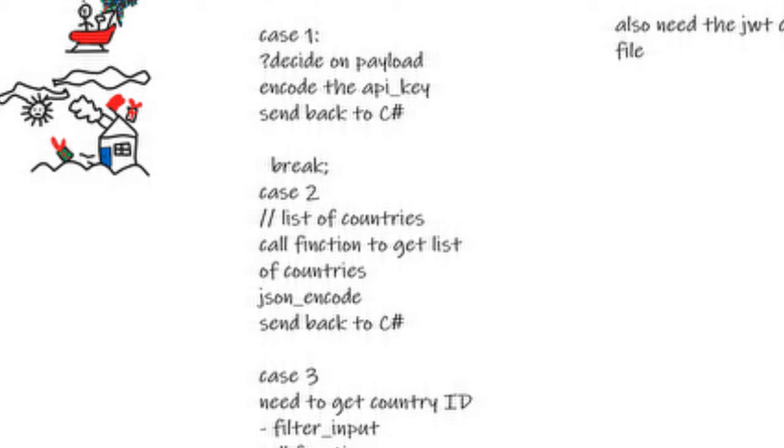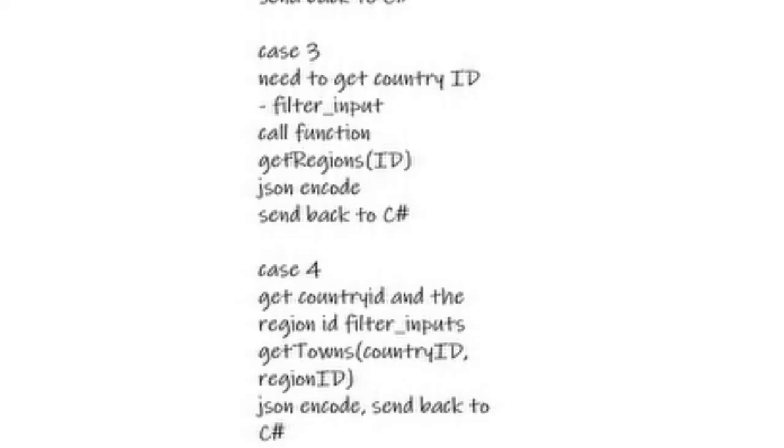Case 3 then. And case 3, we need to actually do a filter input because we need to get the country ID. Okay, so that's a filter input because we're bringing it in by get.